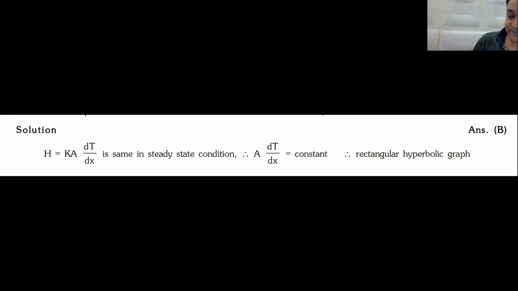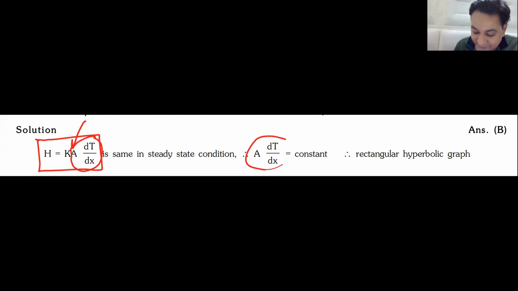B is correct. And remember this formula, you already know this formula. This is just an application of it. If the area of cross section is uniform, which is the normal case, your dT by dx is a straight line. Yes or no? Yes, sir. The temperature gradient is constant. If the area varies, remember steady state, K does not vary, so this entire thing is a constant.